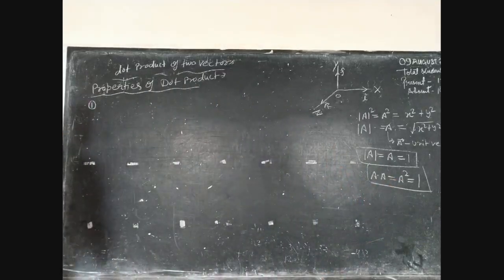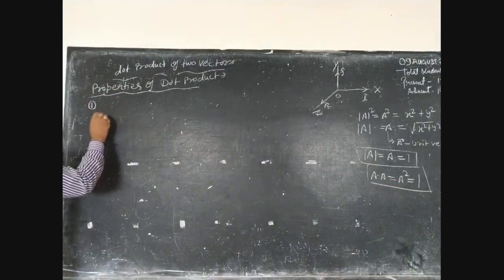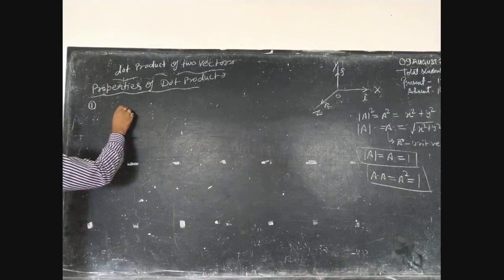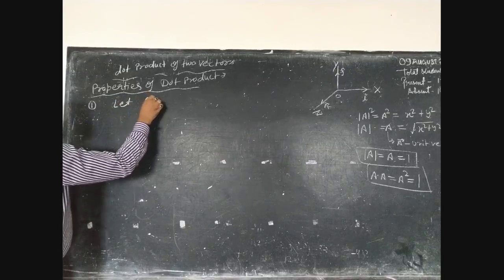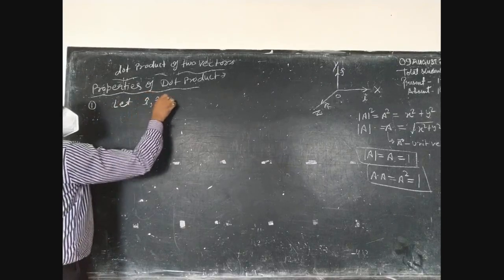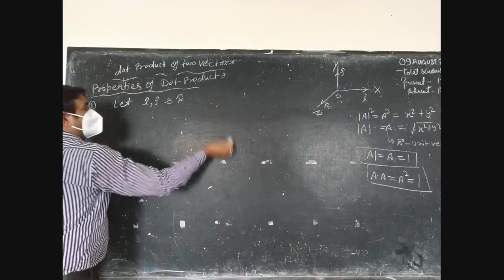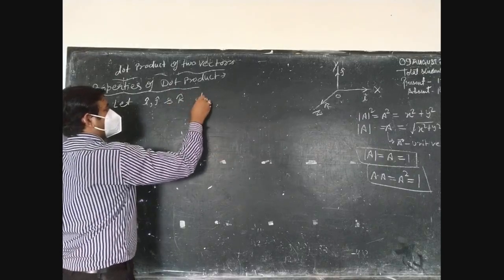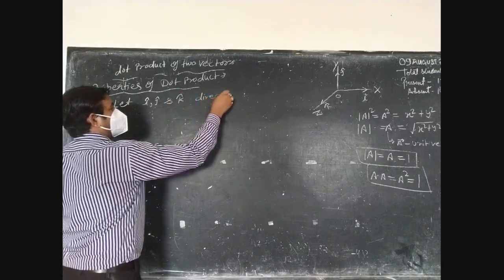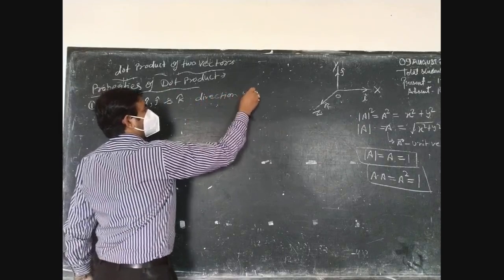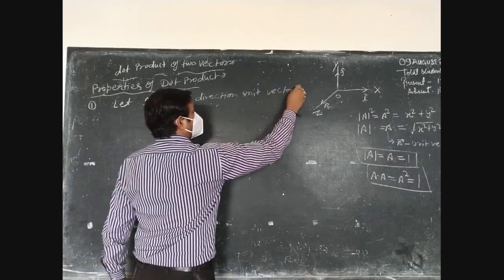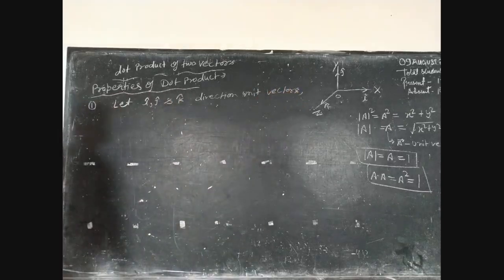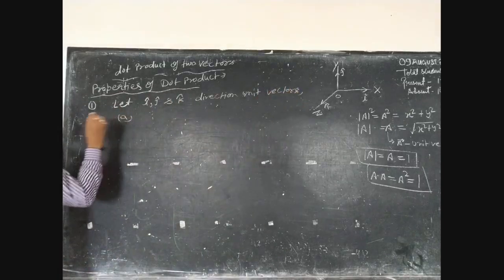Now let i cap, j cap and k cap be the direction unit vectors. Therefore, here we have the first case.